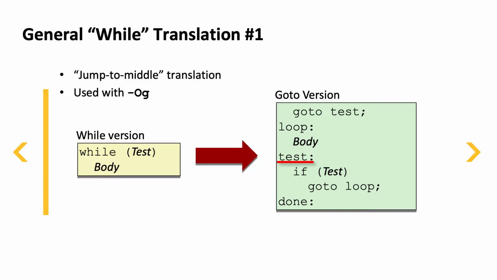And up at the top here, we actually do a go to test. So we're actually going to jump to the test, execute that, and then go back and execute the loops if we need to. So it operates in a very similar way. And that's just how we're going to actually do the test first before we do the loop even once.